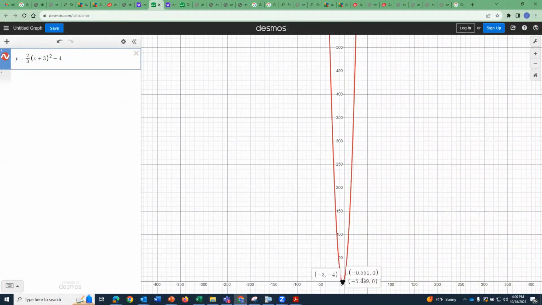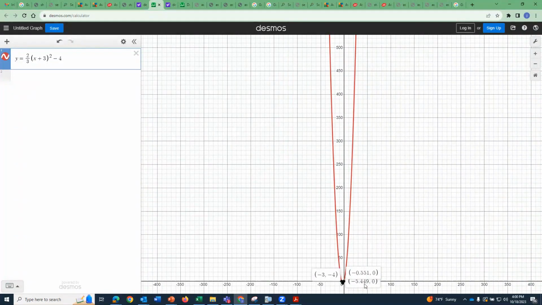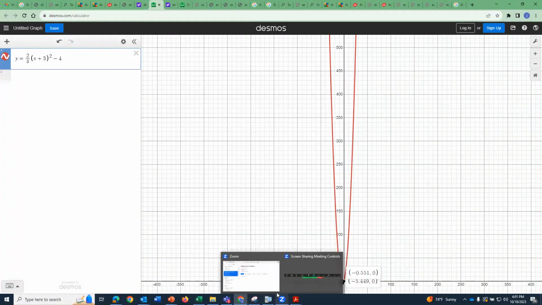That means you have negative 0.550 and negative 5.450. Those are the two intercepts.